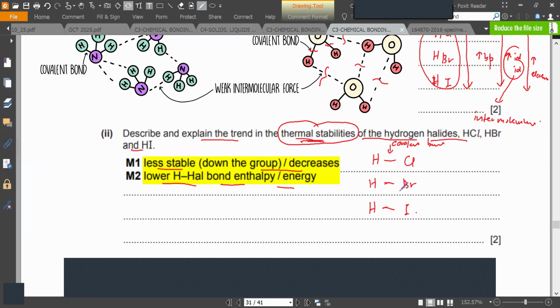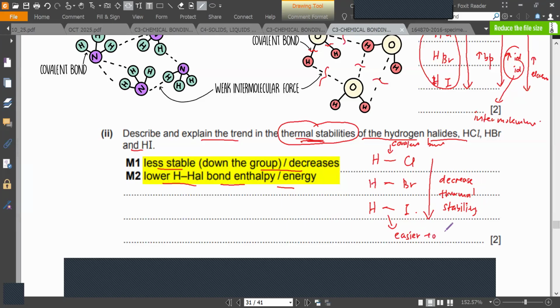Which one is a stronger covalent bond? Our answer is Cl. Thermal stability going down the group will decrease. Decreased thermal stability tells us this bond is easier to break.